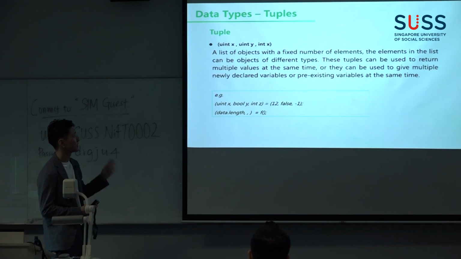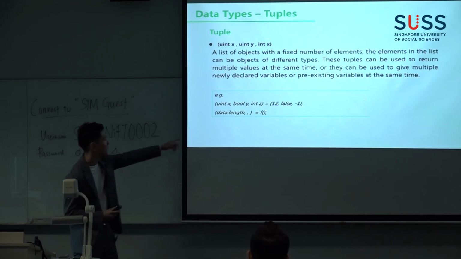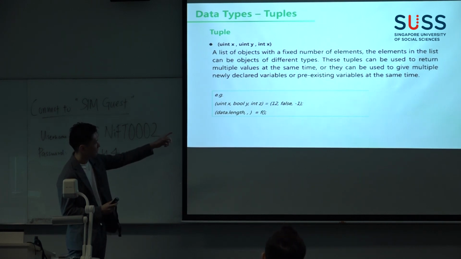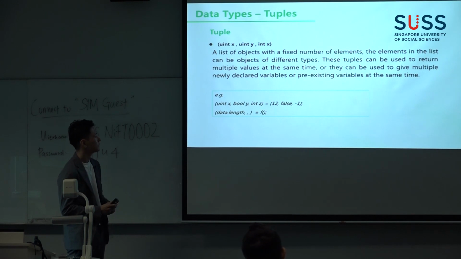We don't need to specify every single element in a tuple when assigning values. For example, in the last one, we only use the first value and give it to our variable data.length from the return value of the function, and we omit the second and the third.